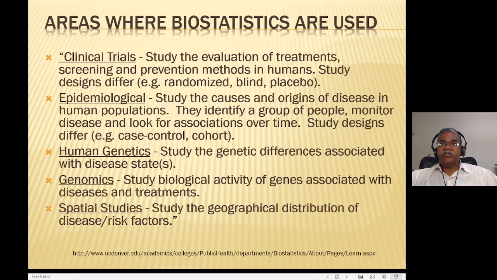Epidemiological, that is now which expands to larger populations. It studies the causes and origins of disease in populations. They identify a group of people, monitor the disease, look for associations over time. For example, you can look at COVID and whatever people's personal opinions are about COVID. And I think in very subtle ways, I've made my own opinion known. But at the end of the day, you cannot take away from the fact that there were symptoms, right?